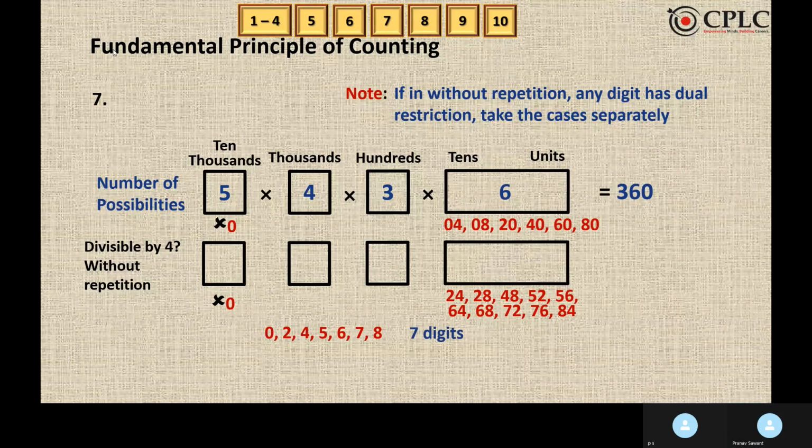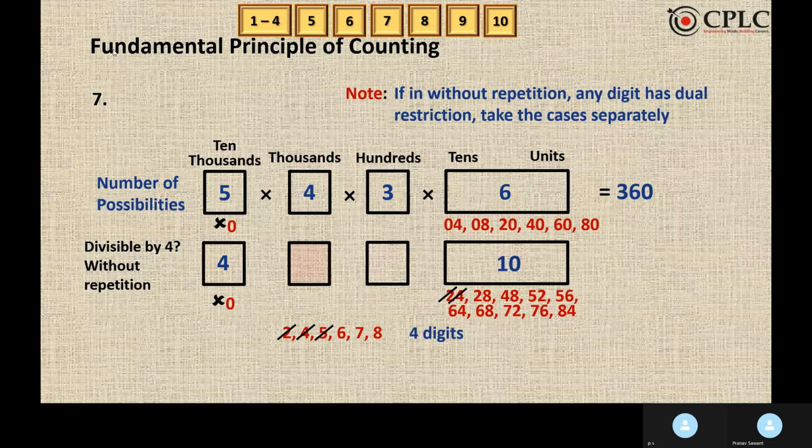Now, in the second possibility, there can be only 10 possibilities with two digits fixed already. At the tens and thousands place, four digits can come because zero can't come over here. So out of seven, two digits are already fixed, and one zero which can't be considered. Hence, four digits are left.